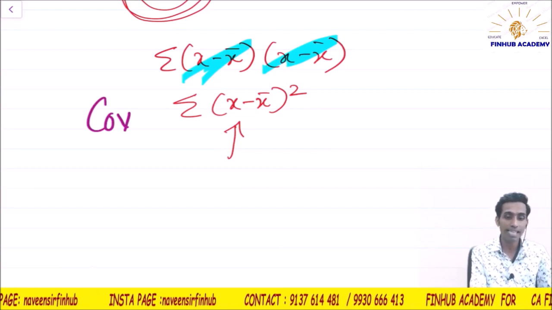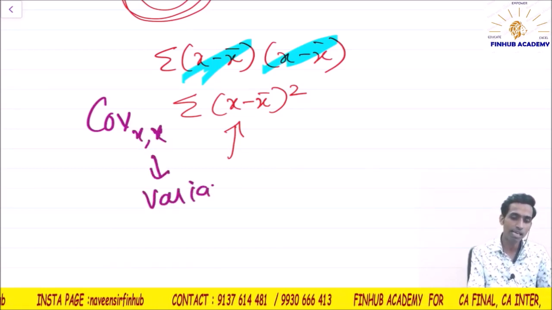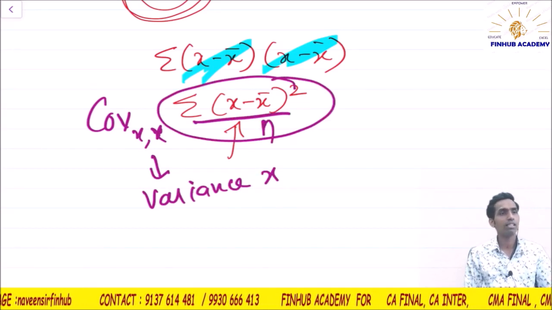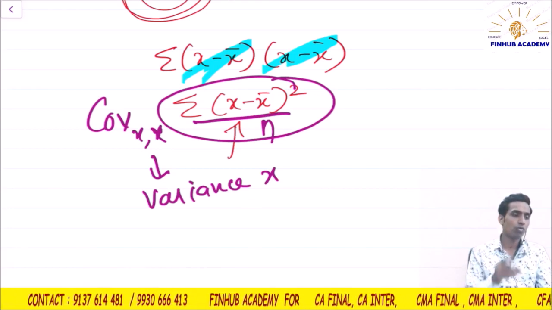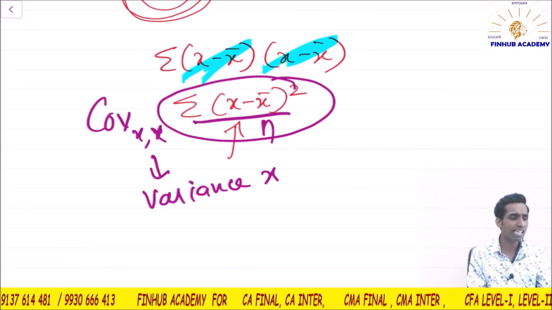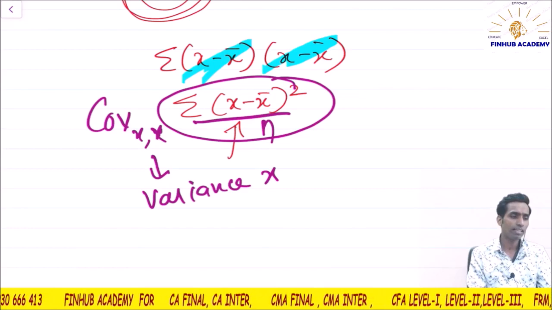It is covariance between x and x, which is nothing but the variance of x. This is variance of x upon n, isn't it? So variance is a special case of covariance. Okay, is that clear, guys?